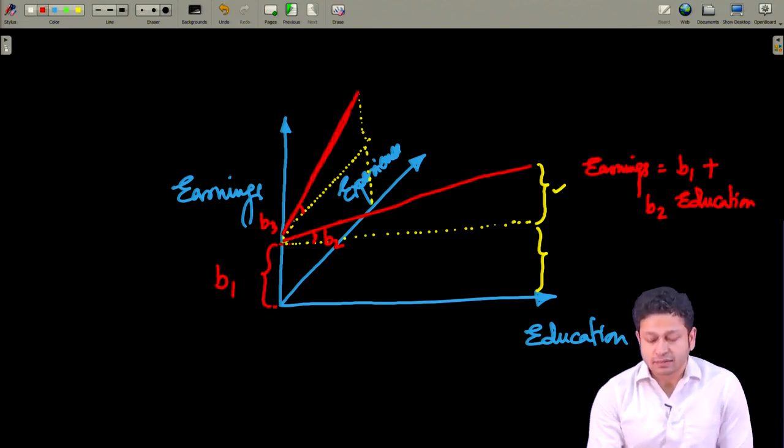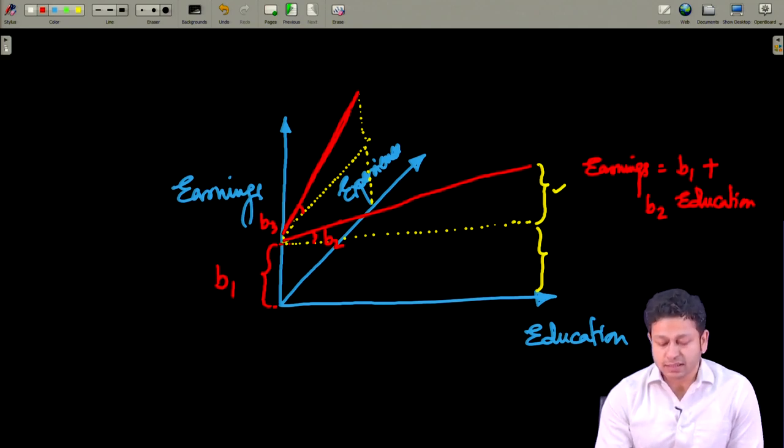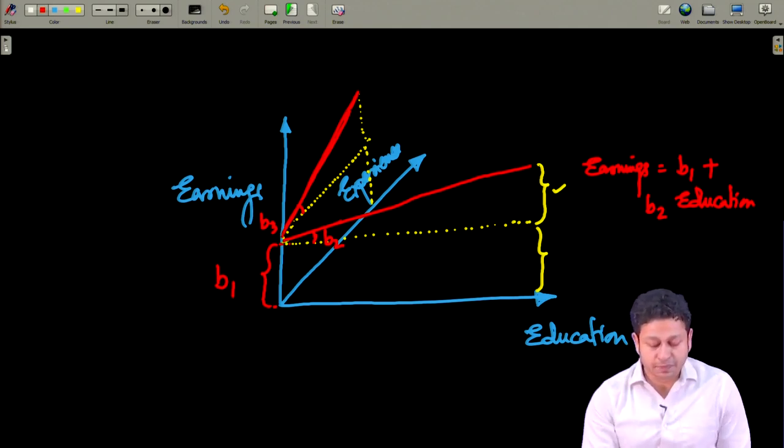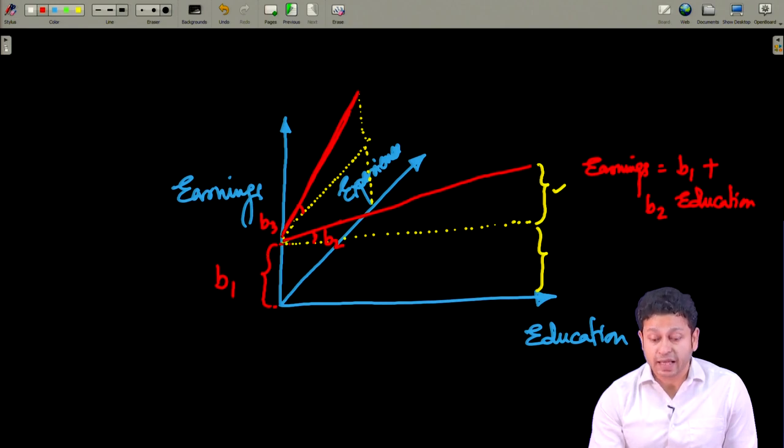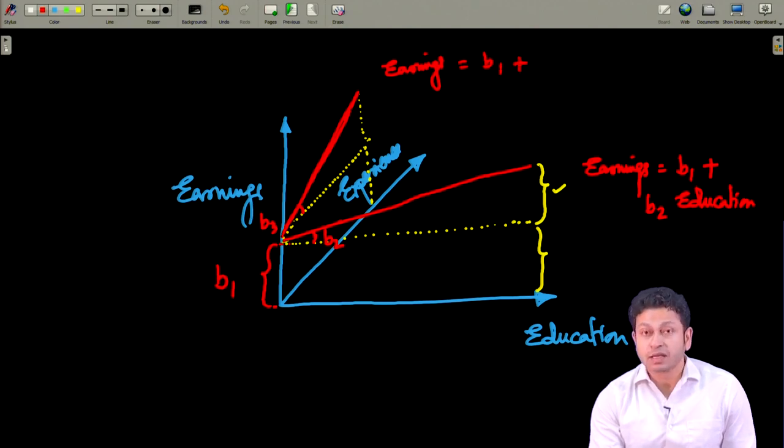So here, if I just consider this particular regression equation with B1 and B3, what I will have is earnings is equal to B1 plus B3 into experience, all right.